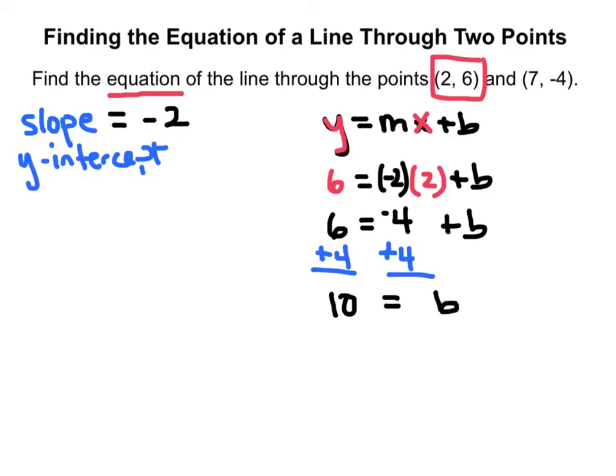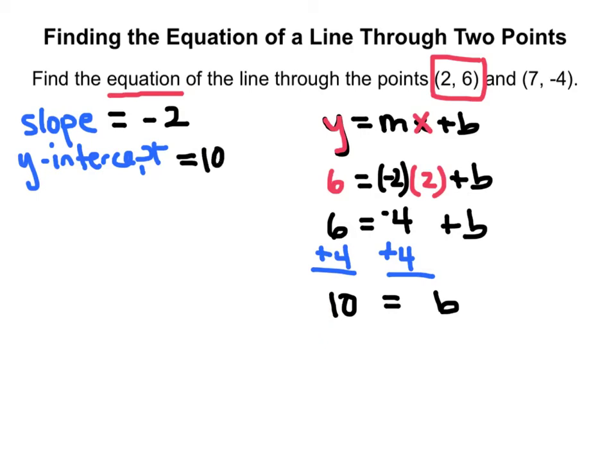Keep in mind, the directions ask you to find the equation of the line, so just leaving the problem at b equals 10 is not sufficient. Let's record that the y-intercept equals 10.